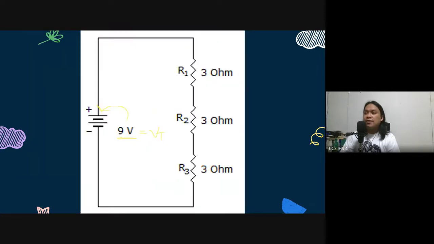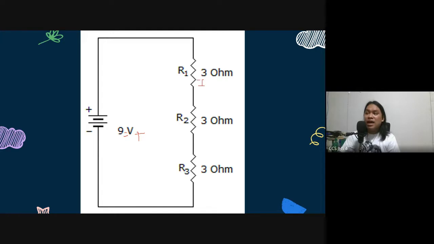Okay, let's go back here. Again, this is your total voltage, right? Because it is written near the source. So since we have R sub 1, what other electrical parameters do we have here? We have R sub 1, so automatically we have current, or I sub 1.